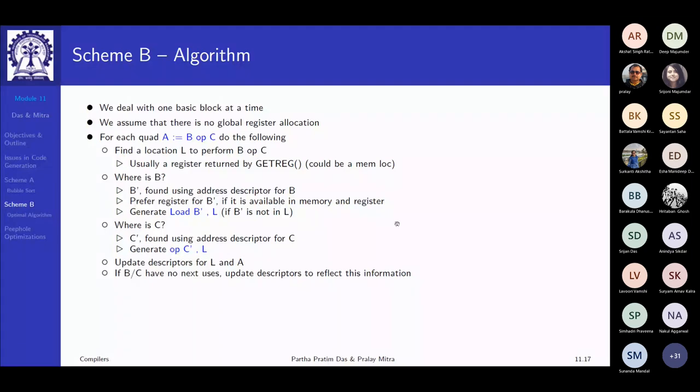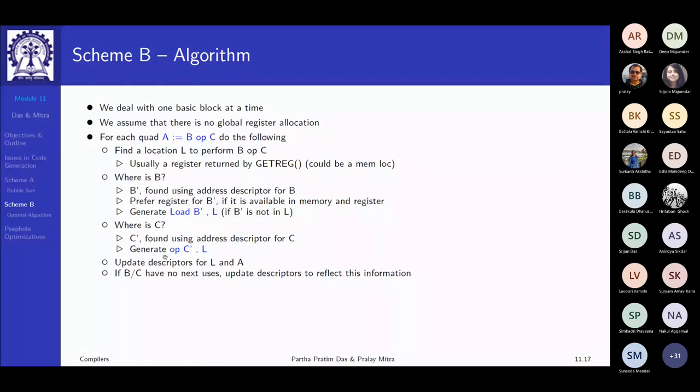So we find out the place B prime from the address descriptor of B and choose to take a register if there is a choice between register and memory, and then generate a load to the target location if B prime is not already there. Next, you have to find C, the right operand. C prime is found using the address descriptor for C. Again, if C is in a register, you will prefer that.